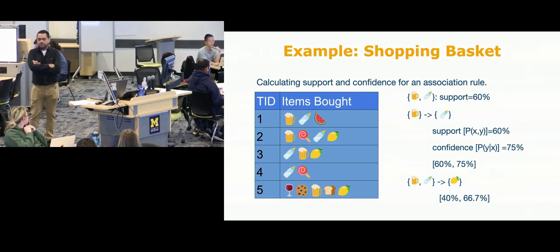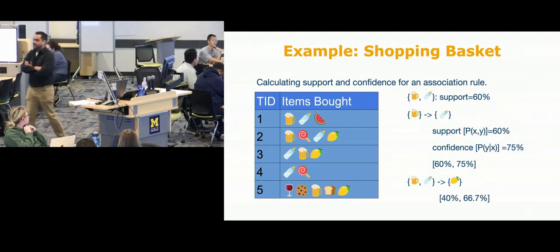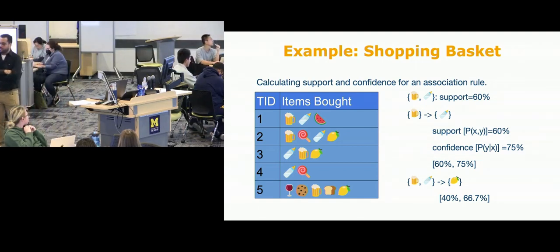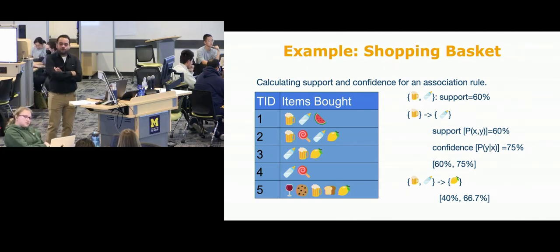What's the confidence of the rule milk is associated with lollipop? Yes, so it's 50%. So we look at how many transactions have milk, transactions 1, 2, 3, and 4. So 4 transactions, and how many of those also have lollipop, 2 and 4. So 2 divided by 4, 50%, right?